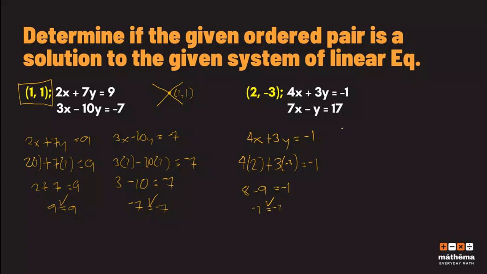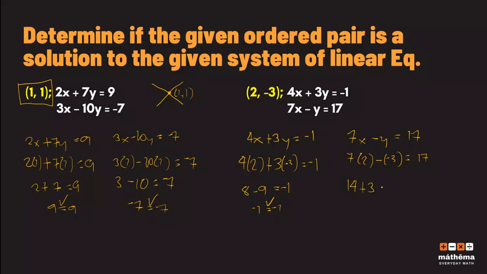Let's try the second equation. So we have 7x minus y equals 17. So 7 times 2 minus negative 3 equals 17. What is 7 times 2? That is just 14. And then negative times negative, that is a positive.